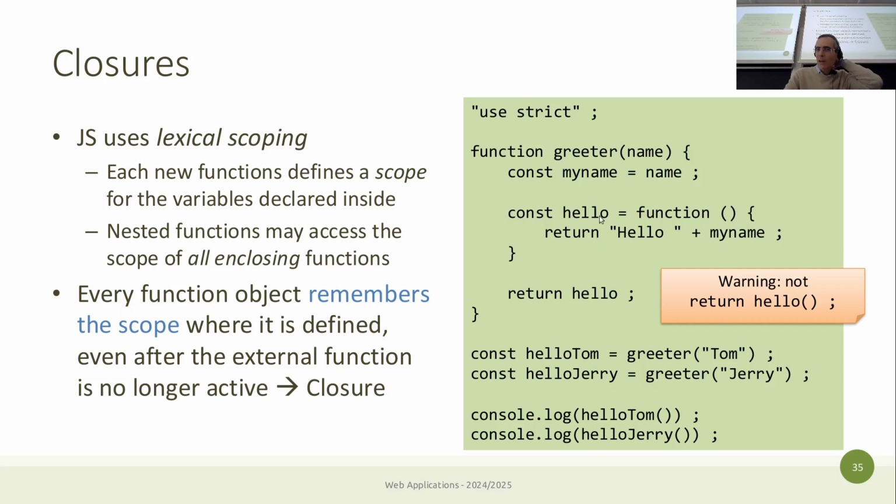There's a function defined inside the greeter one that returns hello plus something which is visible to this inner function, a variable outside the inner function. The function has no name, because we have a reference to it in this variable hello that we will return outside this function greeter. So that's how this function is structured.